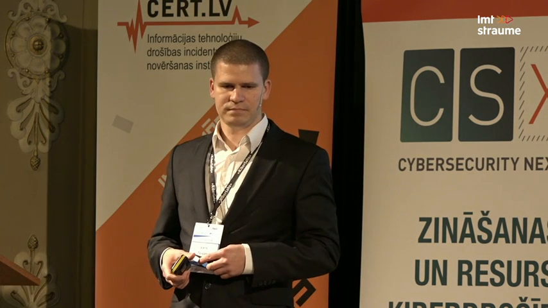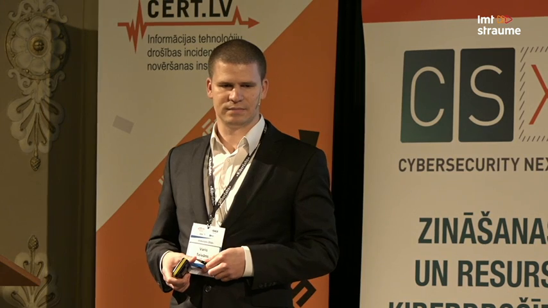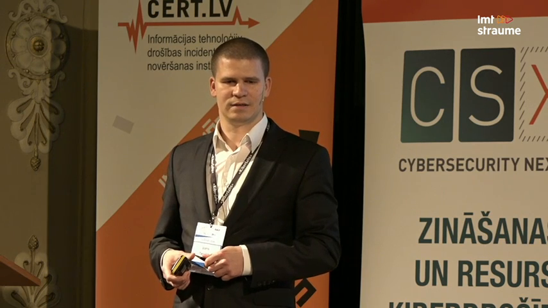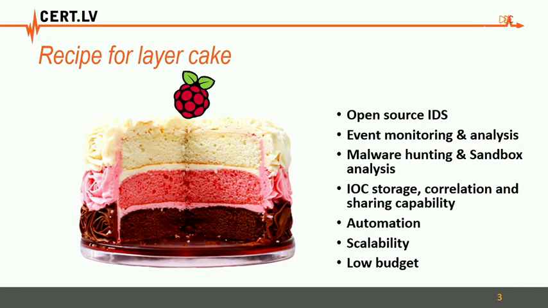So, yeah, scalability. As you see, there's a Raspberry on top, and the reason is just for proof of concept, but I'll explain why we choose it. So it's not just a berry. It's a technical solution. And of course, low budget for the first experiment is also a crucial part.